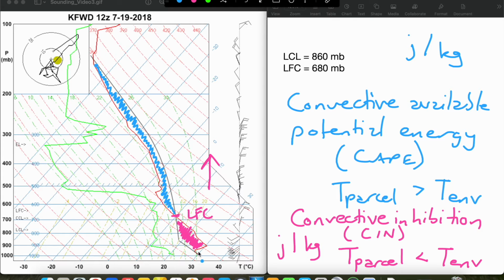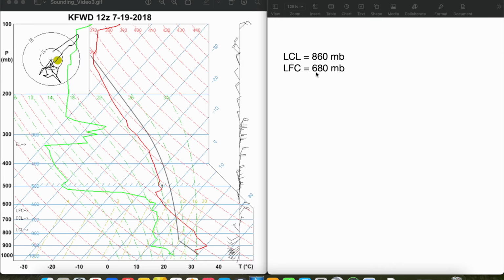So this would be a fairly stable atmosphere down here just because we have this large area of convective inhibition below this large area of what we would call elevated instability, because it's elevated above this stable layer here in the low levels. So that's CAPE, that's CIN. Of course, as we said, we can't really calculate it, but we can give a qualitative assessment of it just based on what we see on the sounding itself.